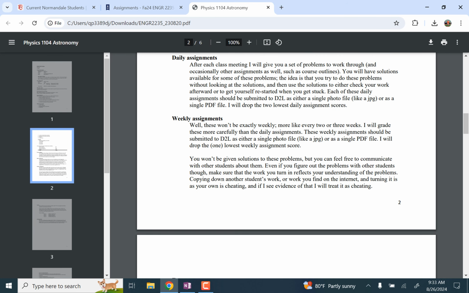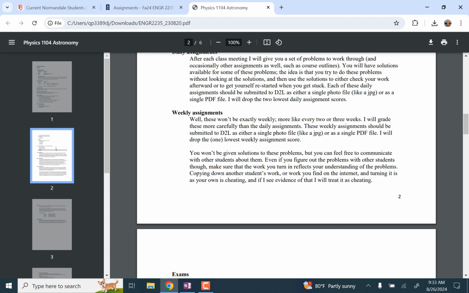One thing about the weekly assignment. I said that I really encourage you to go back regularly and reread through your notes. On these weekly assignments, I'm going to keep assigning problems from old sections. It's not just going to move with the class.